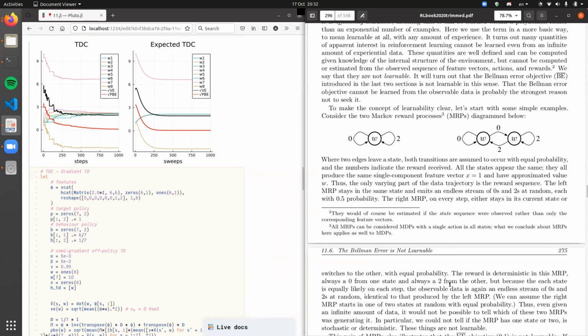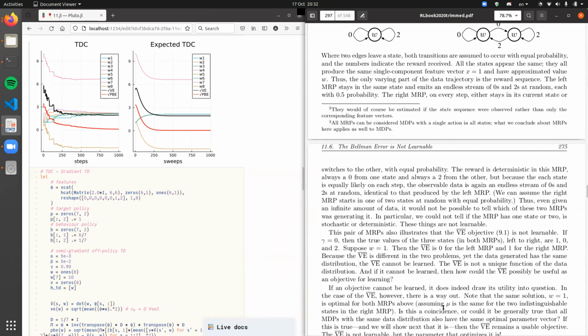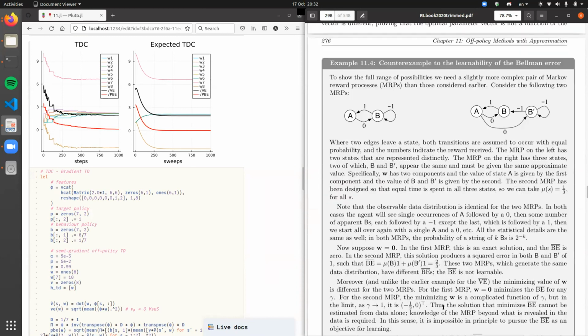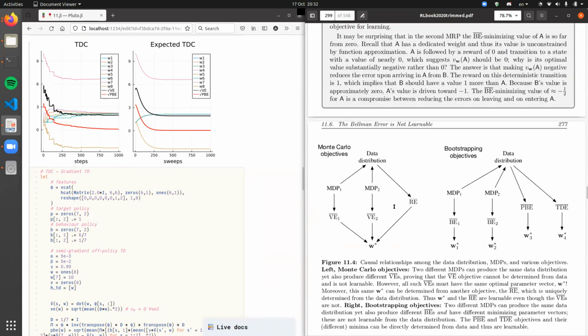So yeah, I think the best illustration here is showing this problem, which can be seen here. So we have a data distribution, and we have two Markov decision processes that generate the same data distribution.